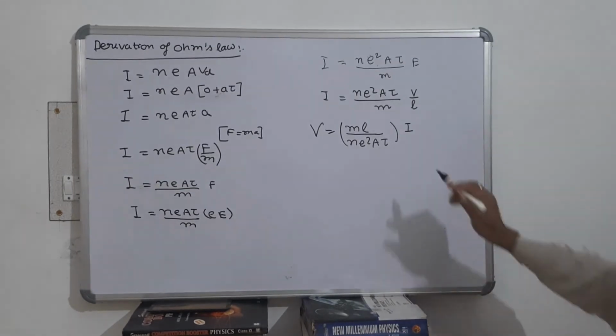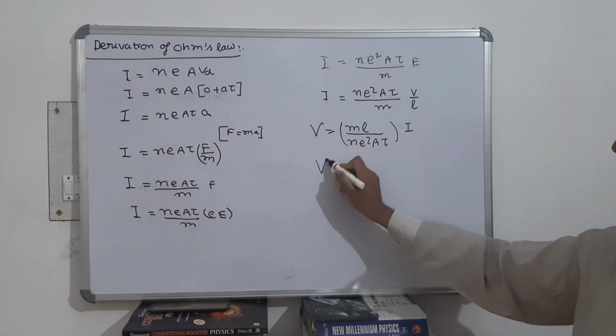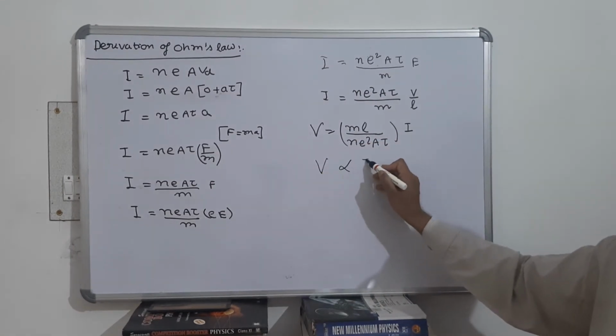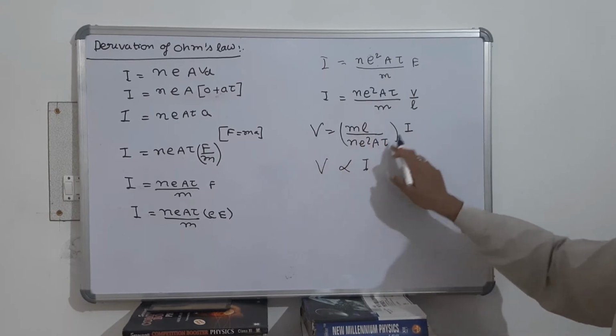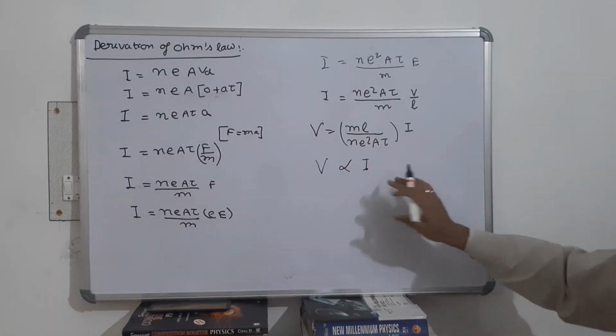If all these are constant, it means V is proportional to I. It means if these quantities are constant, m L upon n e square A tau, then V is proportional to I, and this is Ohm's law.